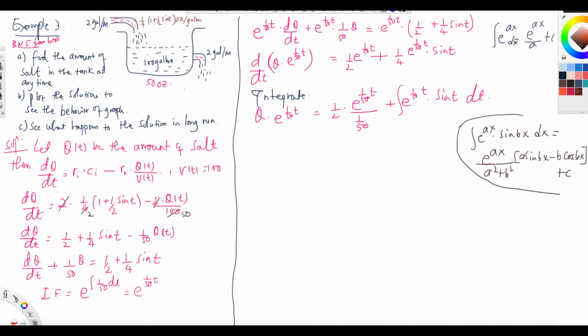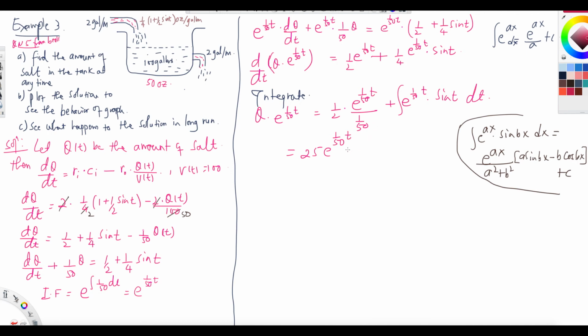So what do I get is, let me write the right side only for now. How much is that? This is 1/2 times 50 over 1, right? Because there is a fraction in the denominator. So 1/2 times 50 over 1 will be 25 e to the 1/50 t, you see that?